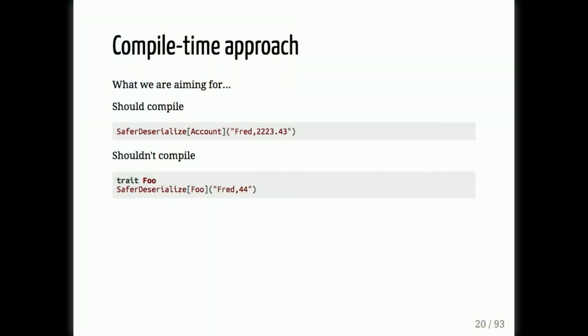So let's go back to our safer deserializer. Let's try to get back to a compile time approach. We want to adapt it so we don't have to keep track of each of those deserializers. We want to make sure that if we create some type and then try to deserialize that type without actually creating a deserializer, that fails.